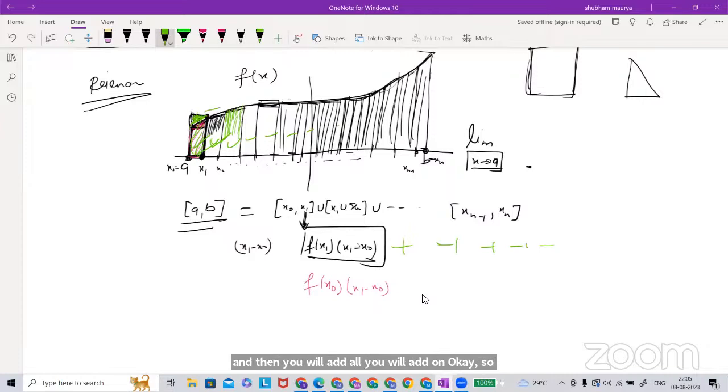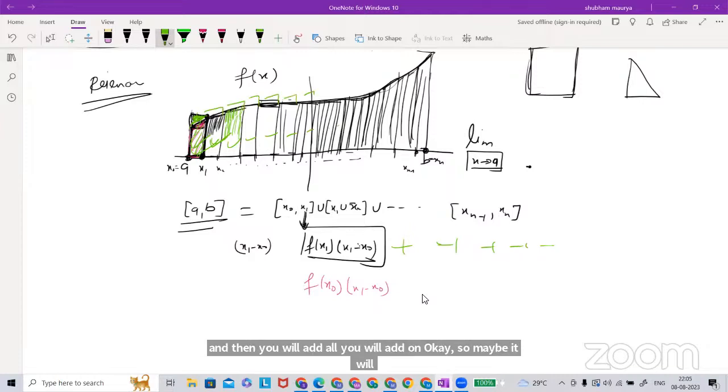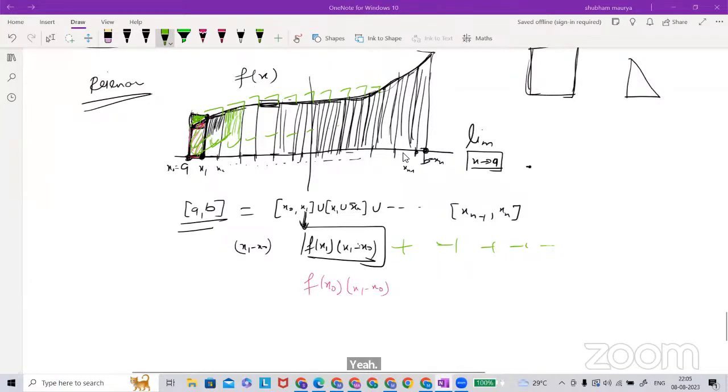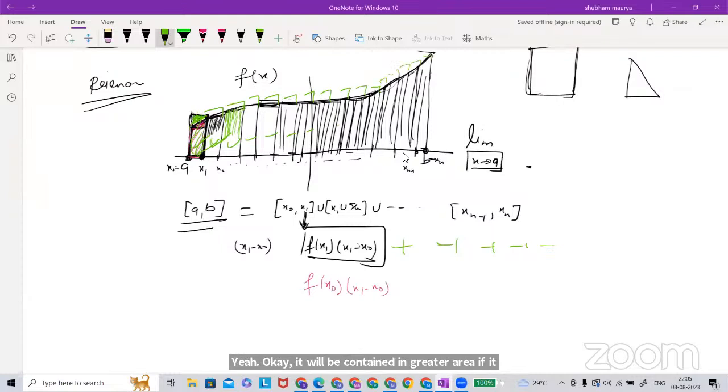Maybe it will always contain greater area, roughly like this. If you are taking the left side here, it will always contain lesser area. But there is no issue.